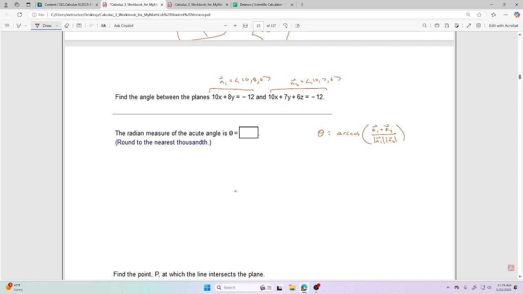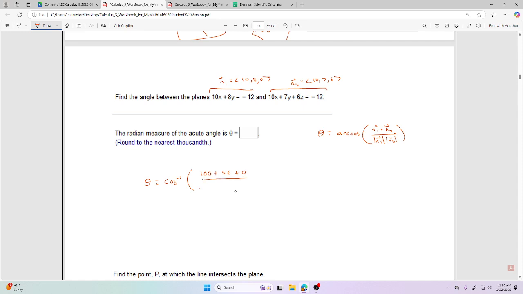Perfect. I like it. So with those, I could just rock and roll with this, and we're done. I mean, there's really not much else to talk about here on this problem. So dot producting them, I got a 100. 8 times 7 is 56. Right? Okay. Good. Thank you. And then 0 times anything is 0.